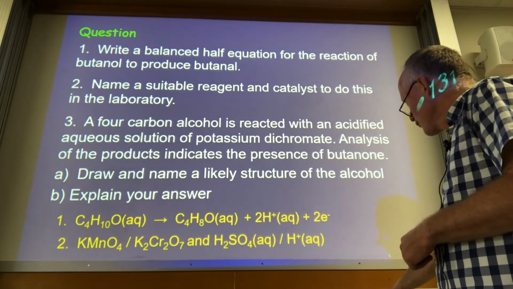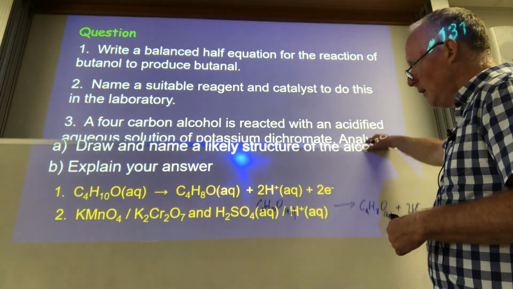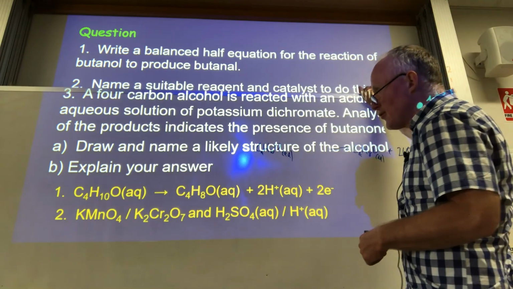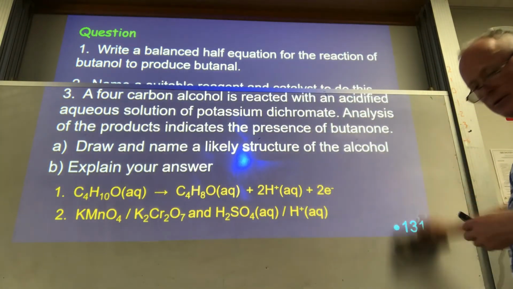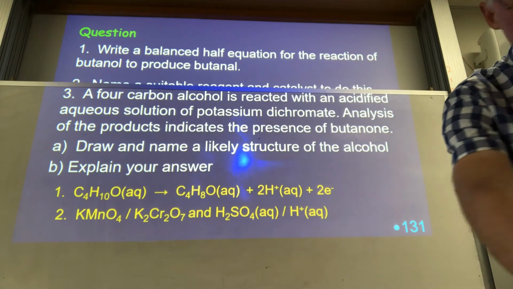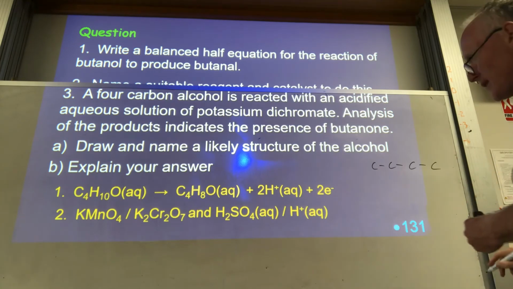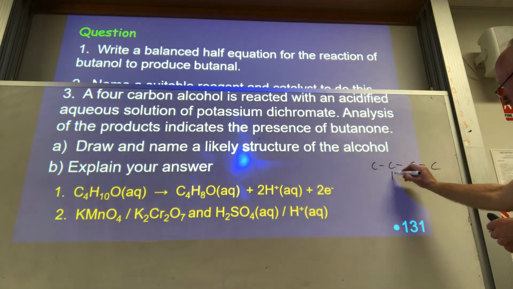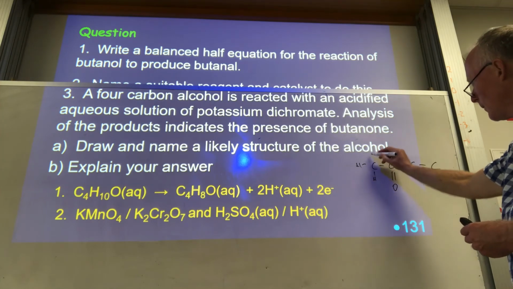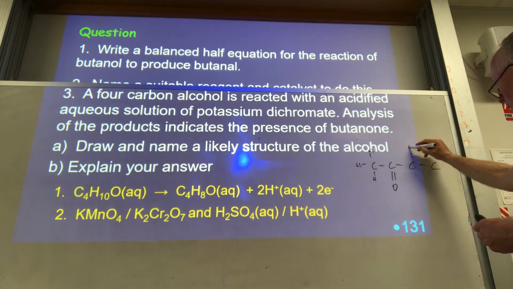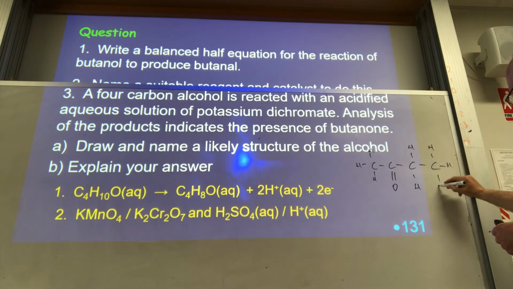So let's just draw butanone. Don't really need to know much about ketones to draw that. So I'm going to draw butanone. 4 carbons. We know it's got a carbon double bond oxygen in the middle of the chain. So that's going to be butanone.